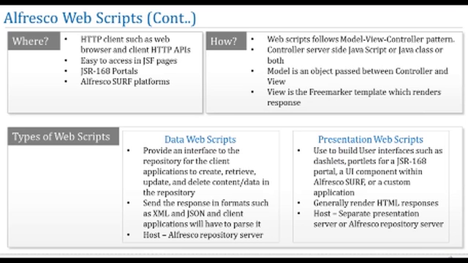Data web scripts are basically an interface to the repository for your clients in order to create, update, retrieve, or delete content in the repository. This kind of web script generally sends XML or JSON as a response, and based upon your requirement, you can choose either of them. And your client application will have to parse the response in order to use it further and render it on your front end.